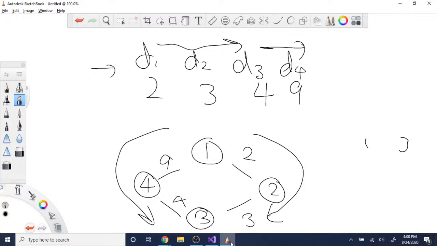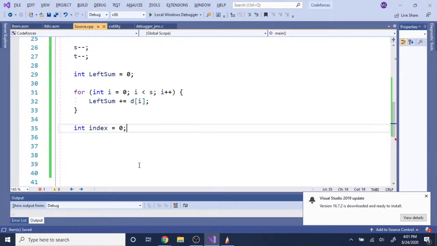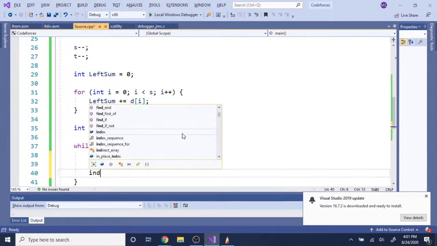To do that, we have to do a while loop. Let's start a counter index. This is going to equal t actually. While index is not equal to s, we're going to do index plus plus.